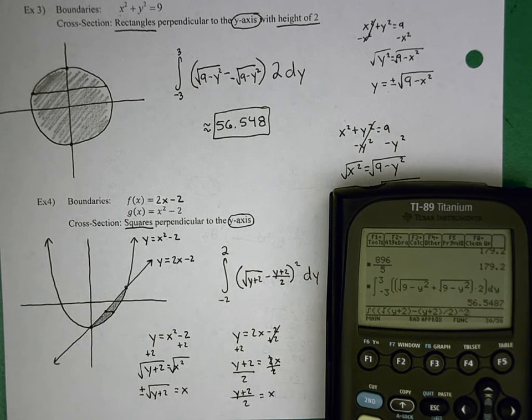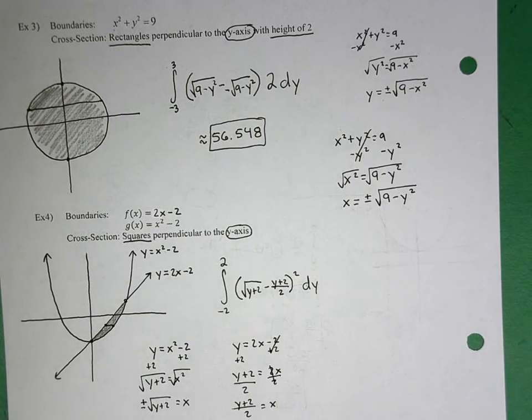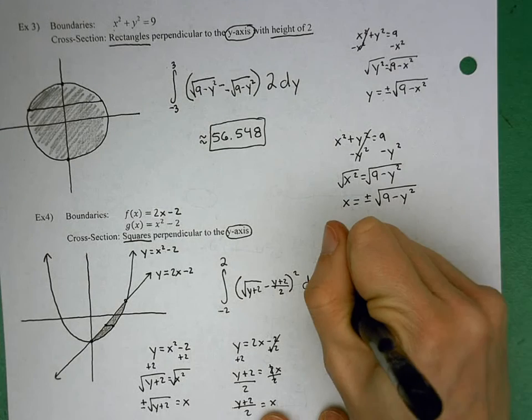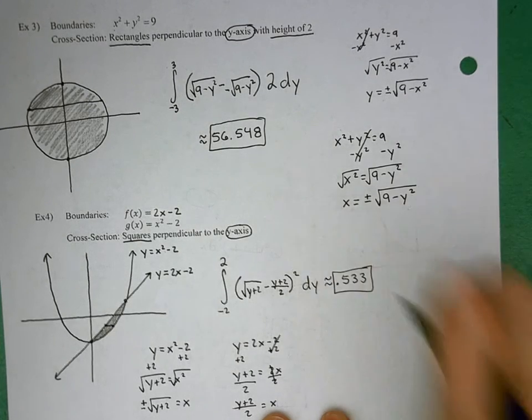We do comma y for dy, comma our lower bound, comma our upper bound. When you calculate that, it generates 0.533. Okay. And those are cross sections.